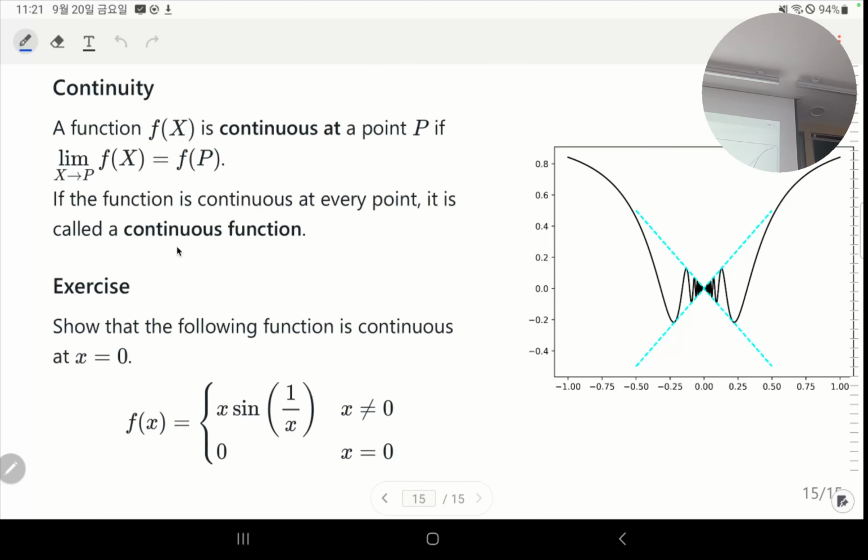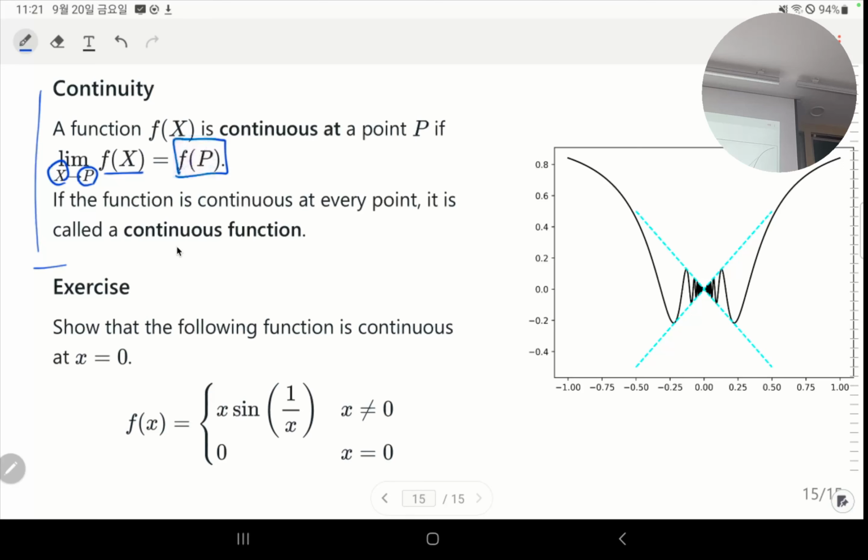All right. So let's talk about continuity. This is the punchline. So far we've talked about the limit, but what is continuity? It's when the limit is equal to the value of the function. So if I send my point x to p, and the function value approaches the value of the function at p, then it's called continuous.